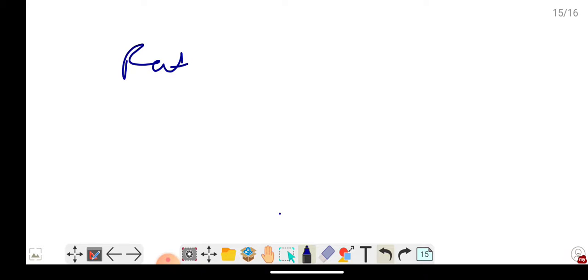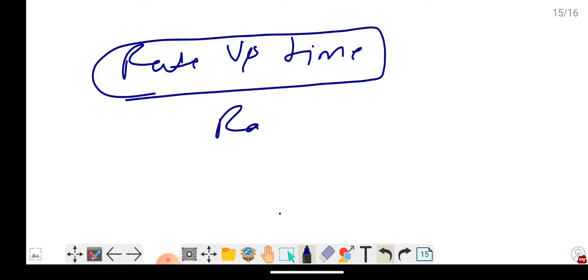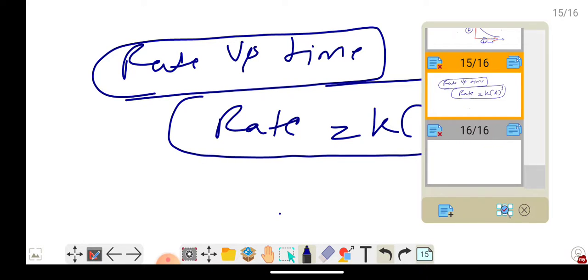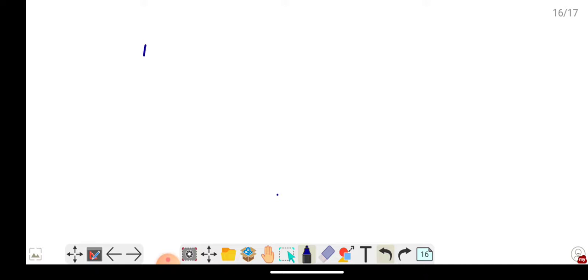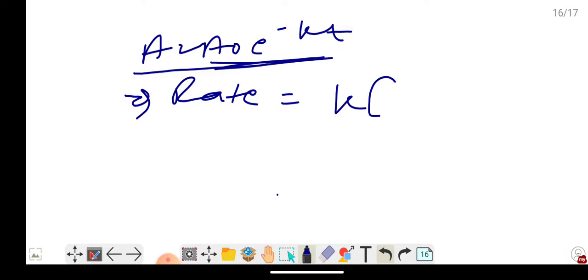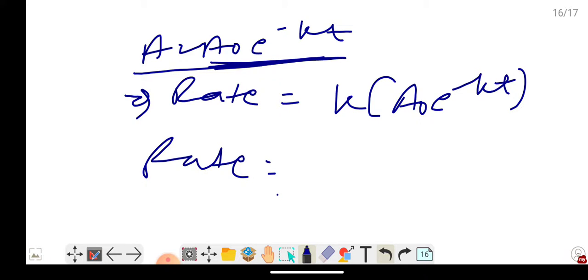Now the rate versus time graph. So we know that the rate for a first order reaction is equal to rate constant into concentration of reactant. As we know that concentration of reactant A is equal to A naught e to the power minus Kt, this implies rate is equal to K A naught e to the power minus Kt.